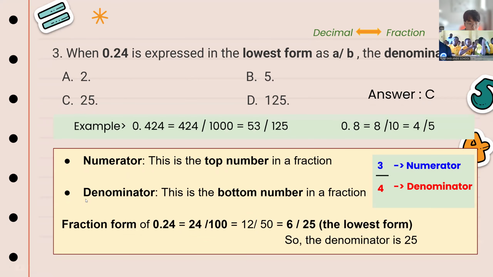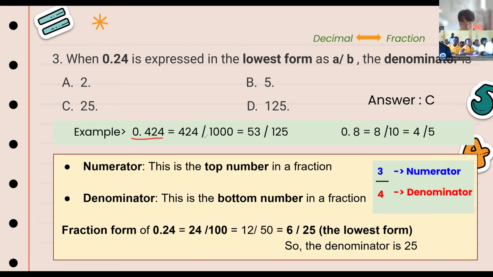Yeah, okay. So other examples are things like if you want to express 0.424 in the lowest form, then you can set 424 over 1000, and then we can simplify the numerator and the denominator, and then get the lowest form of this fraction.